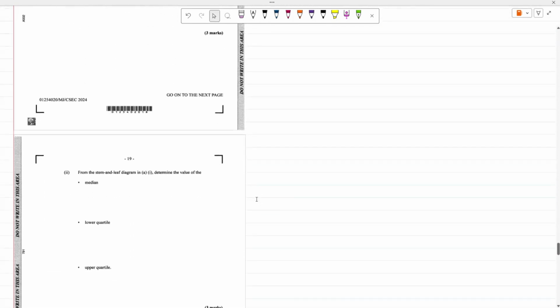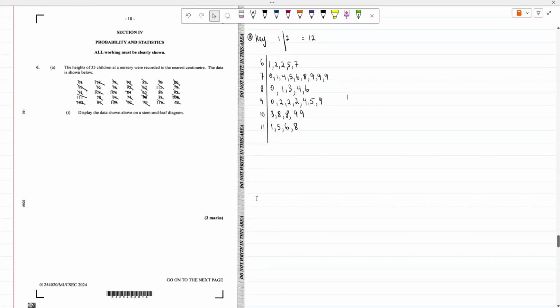So the median is the middle value. What you can do, and this is only for the median, the median is the (n plus 1) over 2 value, which is going to be 35 plus 1 over 2, which is 36 over 2.